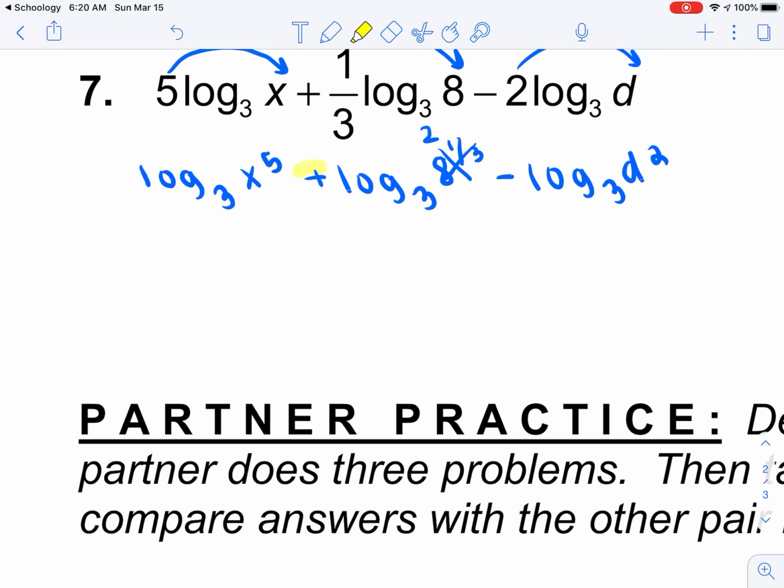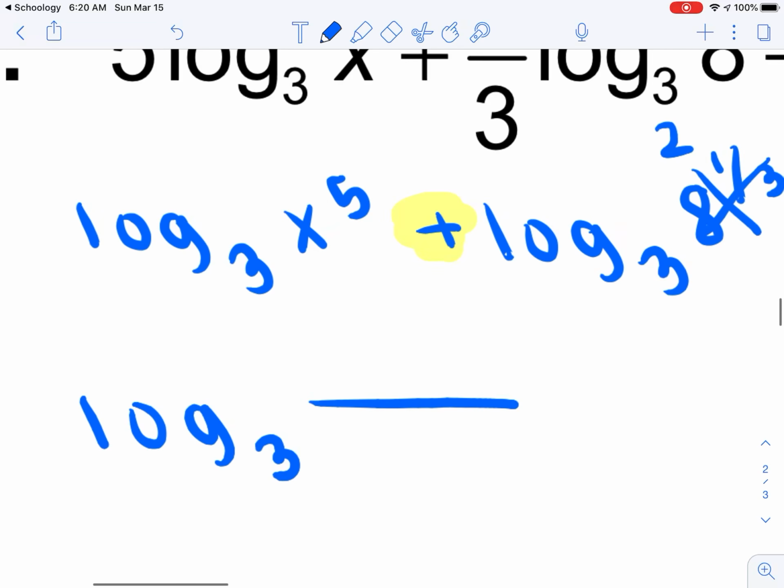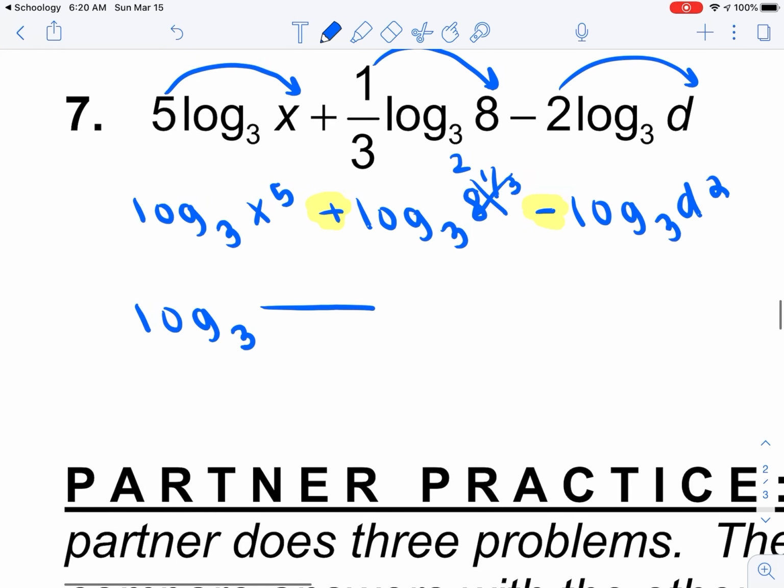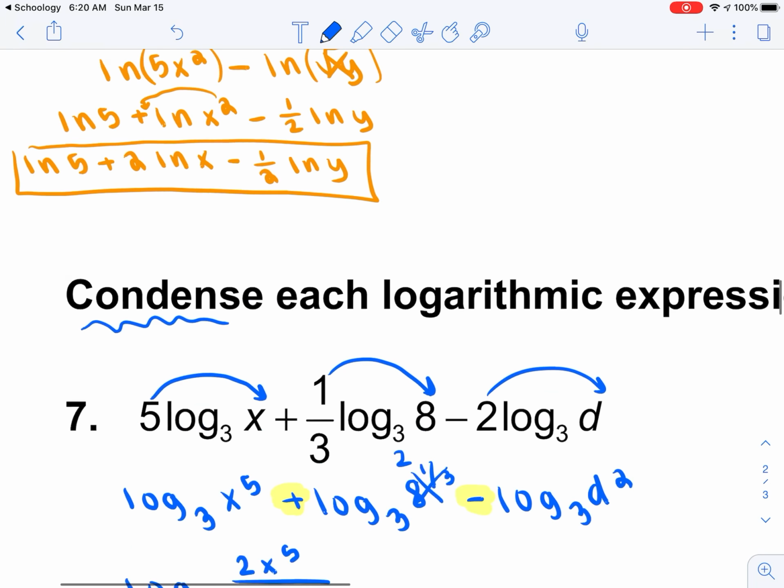And then you need to look for pluses and minuses. We can condense this all to 1 log with a base of 3. Anything that follows a plus sign is going to go in the numerator of this log function. Because think, this right here would become 2x to the 5th when I use that product property. Remember, we're working backwards here.